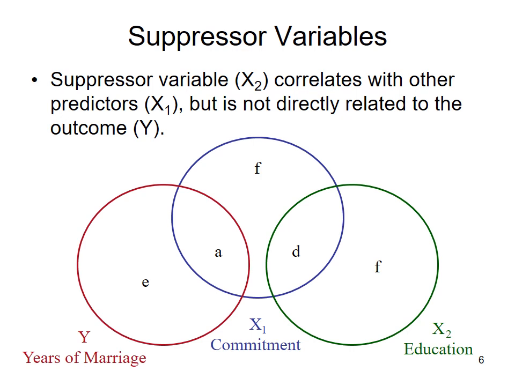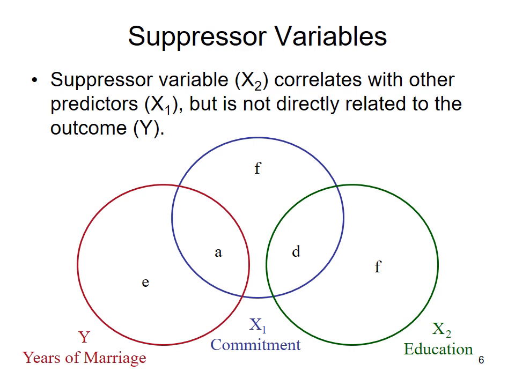A lot of times how we can find suppressor variables is, again, looking at simple correlations. So if we run a simple correlation of years of marriage and commitment and find that they're significantly related, and we run a simple correlation between commitment and education and find that they are significantly related, and we run a simple correlation between years of marriage and education and find they are not related, now we know what they are in isolation.